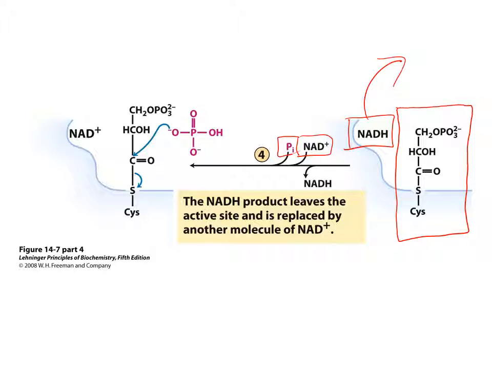So inorganic phosphate having a nice negative charge here readily makes a bond with our carbon of interest, and this bond actually is strong enough to break this carbon-sulfur bond.